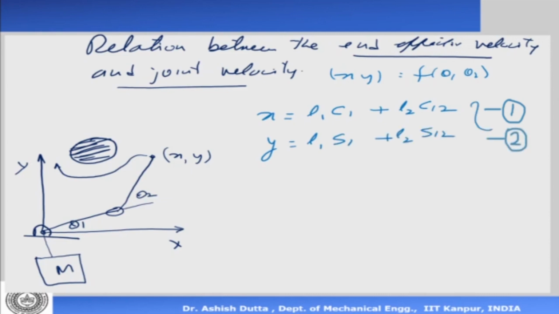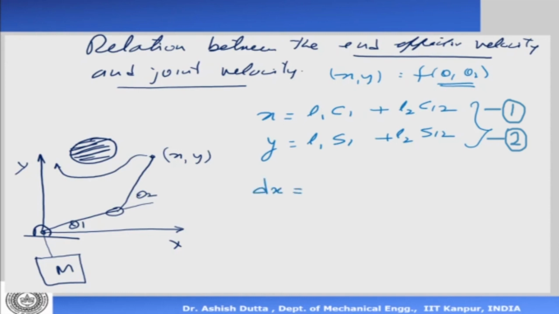Now we see that there are two variables, theta 1 and theta 2, and on this side we have x and y. So I take the partial derivative of the first equation and the second equation, first with respect to theta 1, then with respect to theta 2.